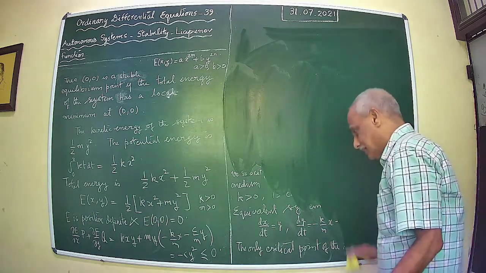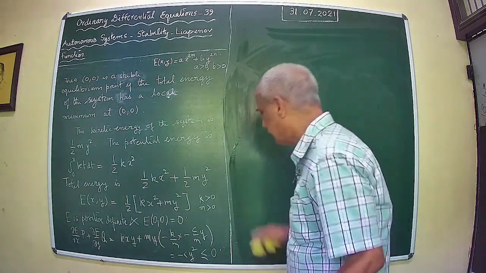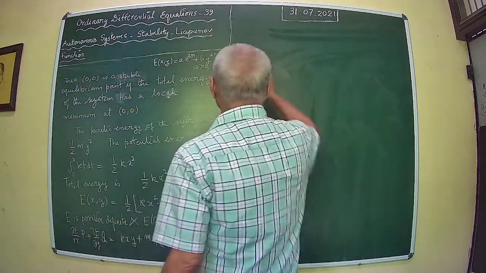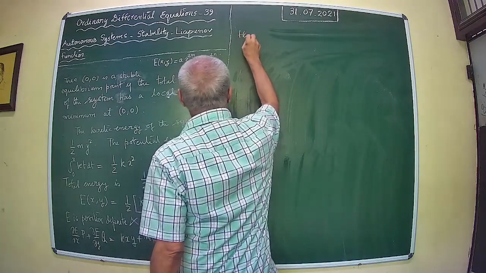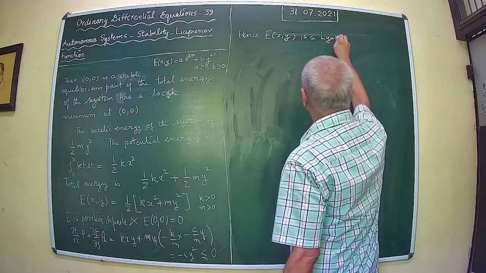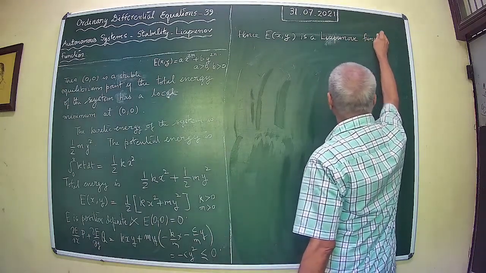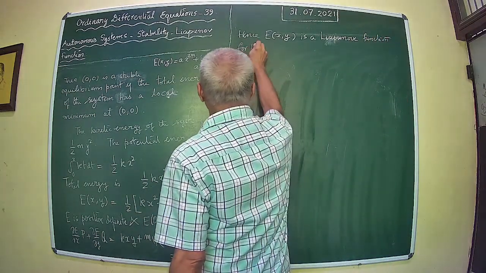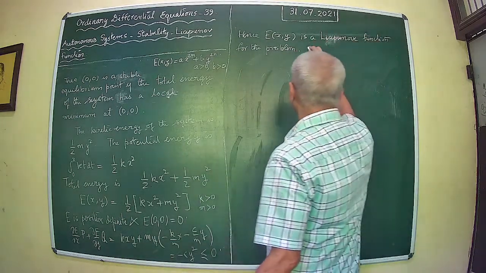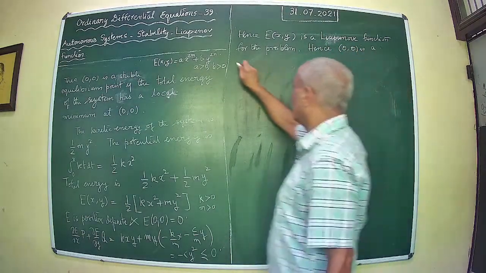Oh, sorry, it is negative semi-definite. Okay. And hence a stable equilibrium.